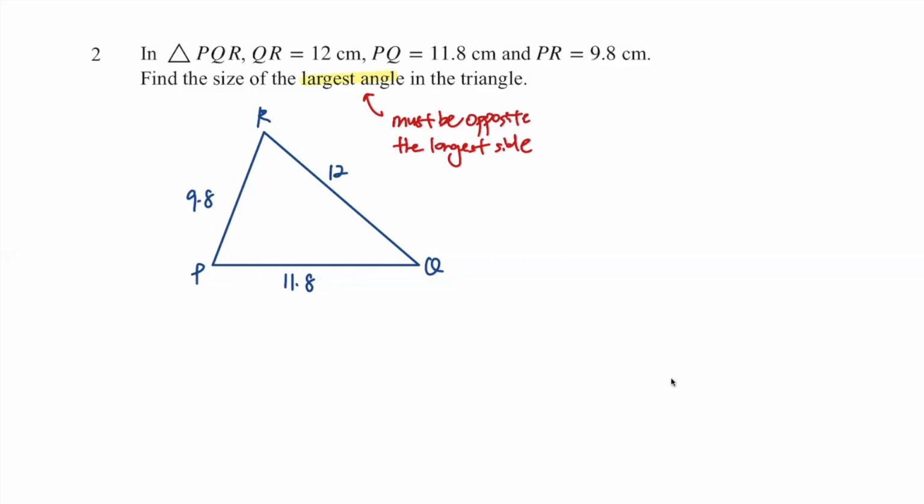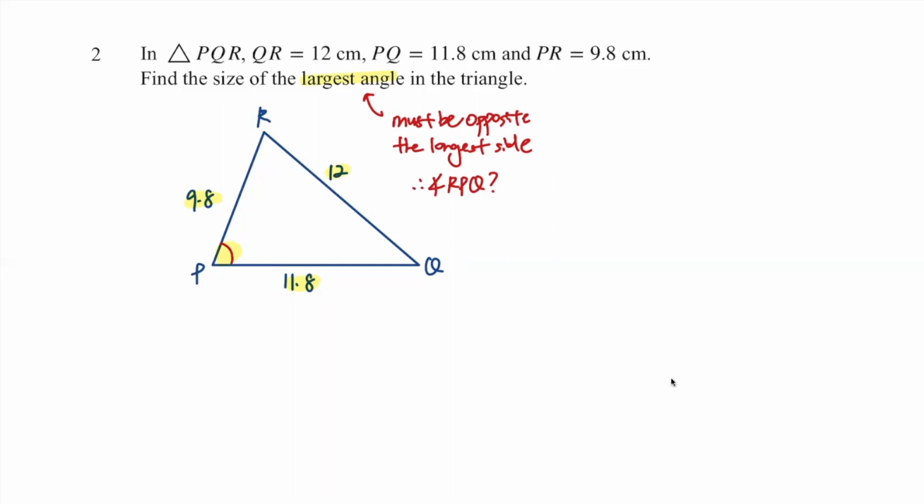So in other words, the question is asking you to find angle RPQ. How do you find angle RPQ? The first thing to identify is what you want to find and what they gave you in the triangle: 3 sides, 1 angle.